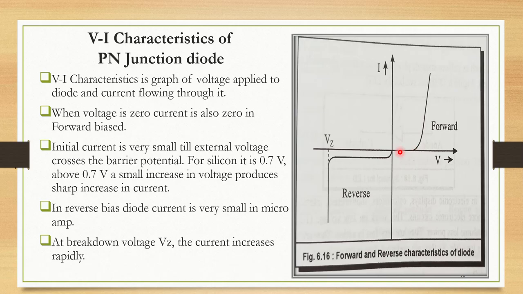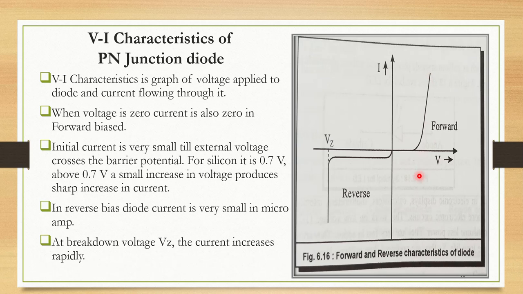There is negligible current. So voltage increases but current is not there. But when voltage comes to a point, for example, for silicon semiconductor it is 0.7 volt, then suddenly the current increases sharply.